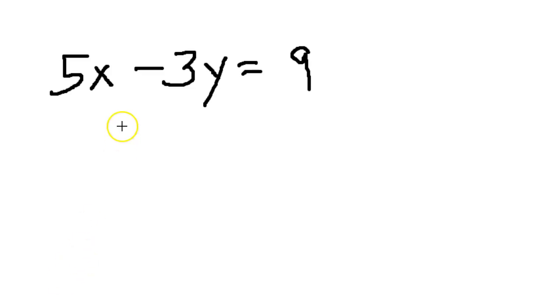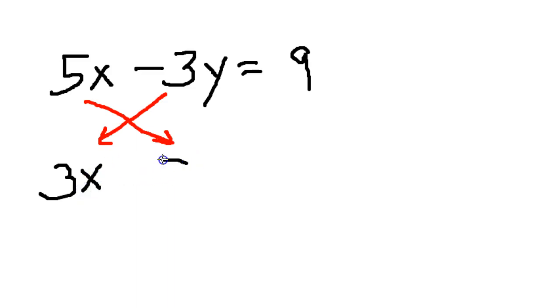In this example, we have the line 5x minus 3y equals 9. So to get our perpendicular line, remember we swap the coefficients. And so in our perpendicular line, the new coefficient of the x term is going to be 3, and the new coefficient of the y term is going to be 5.